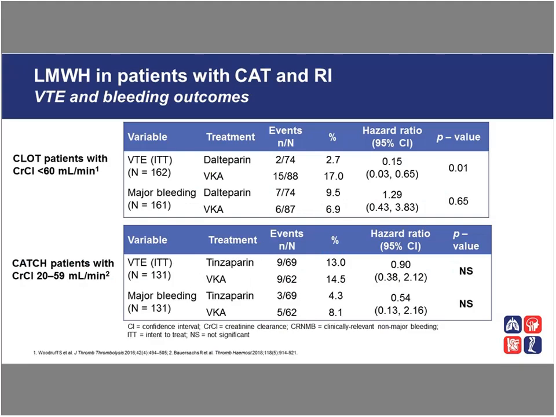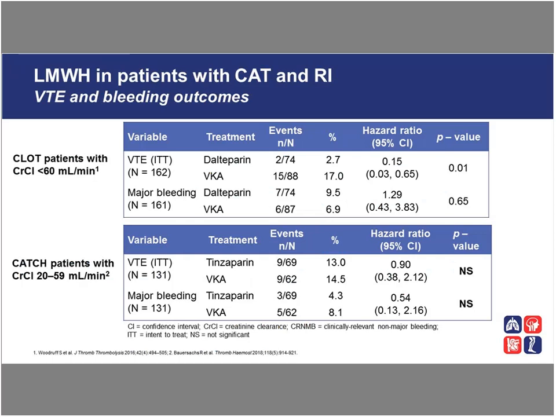So then we move on to low molecular weight heparin in patients with CAT and renal insufficiency. This is some of the data I had alluded to earlier. Both the CLOT study and the CATCH study have provided some subgroup or post-hoc analyses since the publication of the original studies that look at this issue of renal insufficiency.